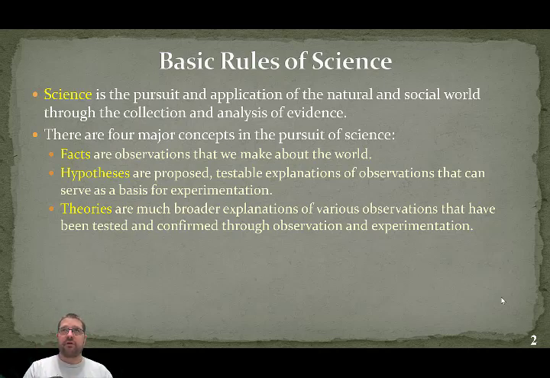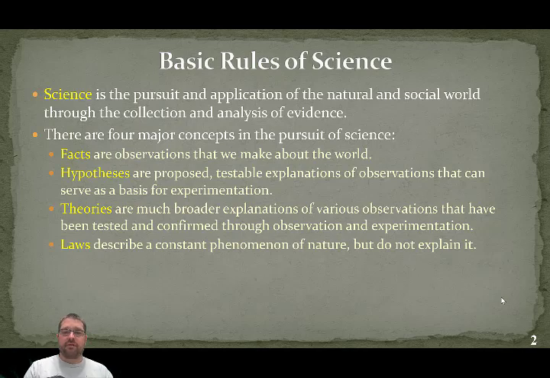That's what a theory is. It's been accepted, it's been tested, and that is the explanation for that natural phenomena. Okay? From there, we can describe that theory as a law. So if that theory is constant and doesn't change, then it's considered a law.